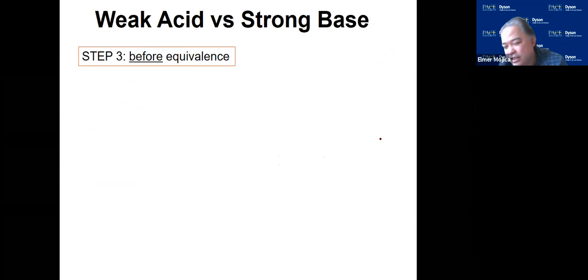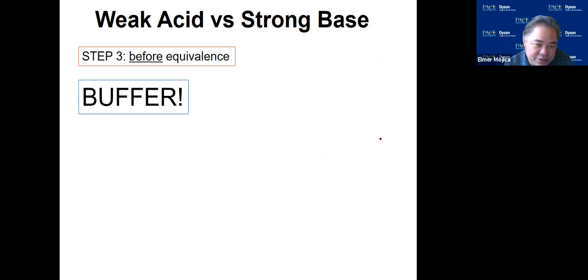Before we reach the equivalence point volume, the behavior of the system is similar to a buffer. So if the behavior of the reaction is similar to a buffer, what equation are we going to use? Anyone?